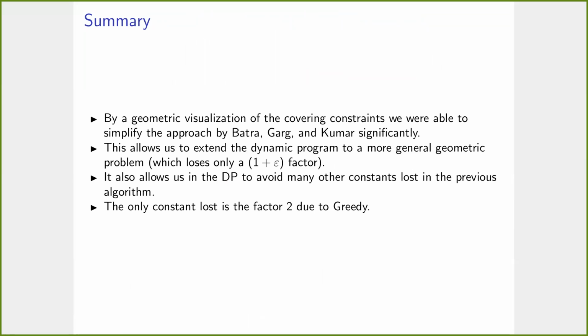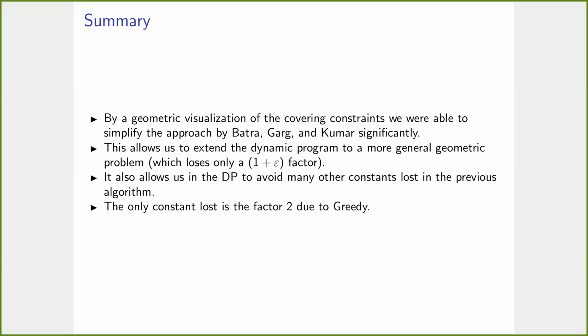Also in the previous work by Bhattacharya and Kumar, because of these complications, they lost a lot of constant factors here and there, and we could reduce the constant factors that we lose to only one place, namely in this argument of the greedy algorithm that I showed, where we picked the rectangles from bottom to top and we overshoot the budget by a factor of 2.